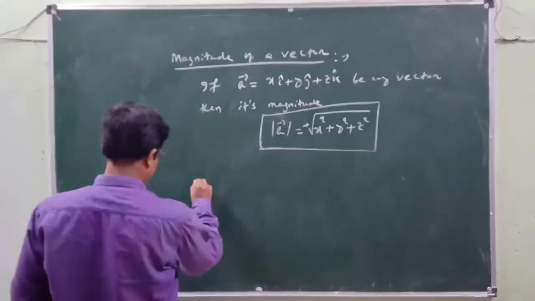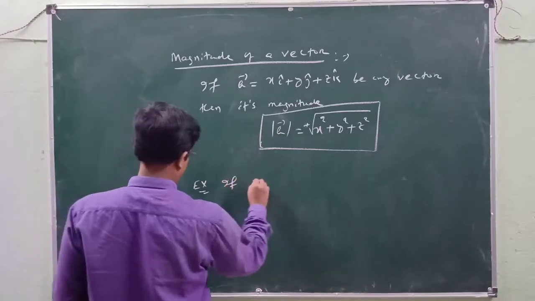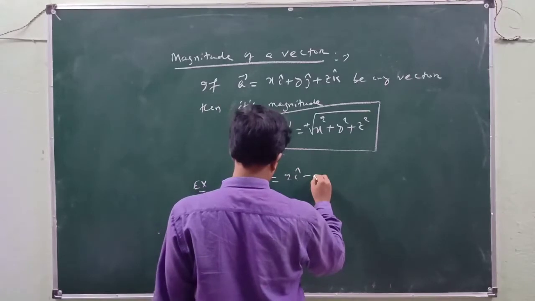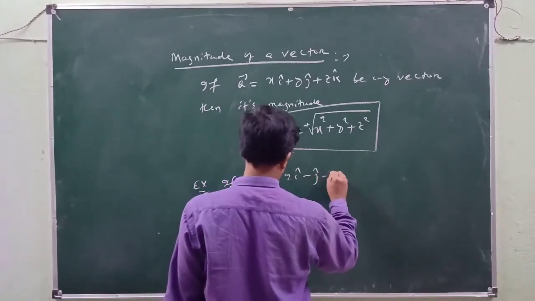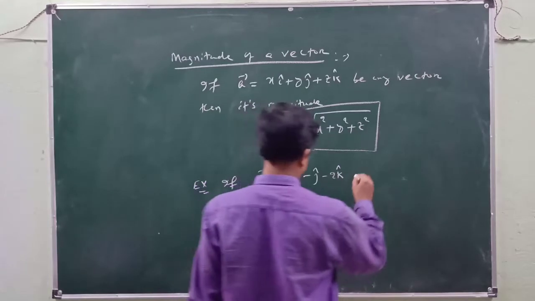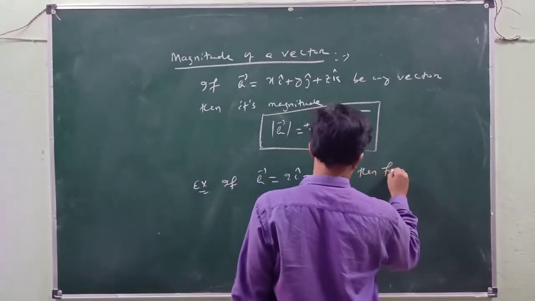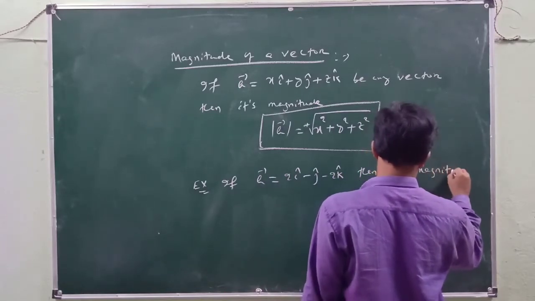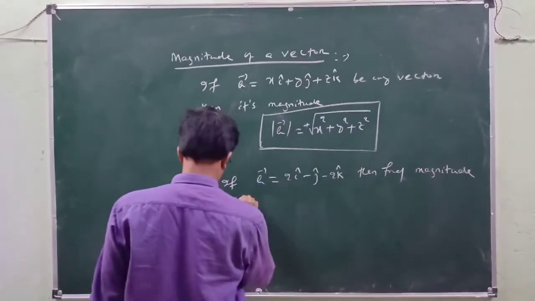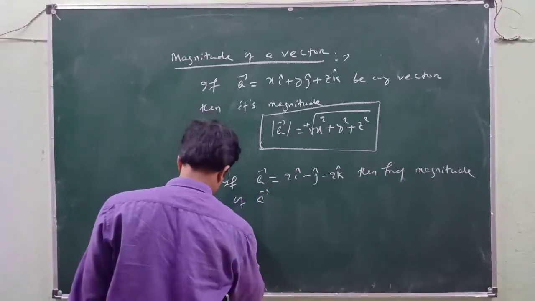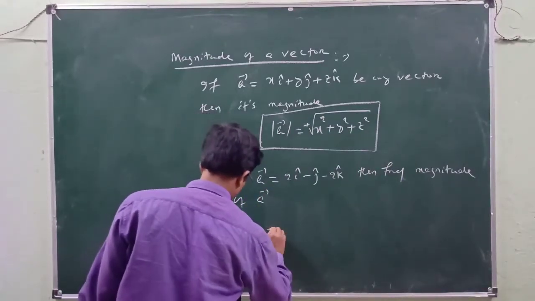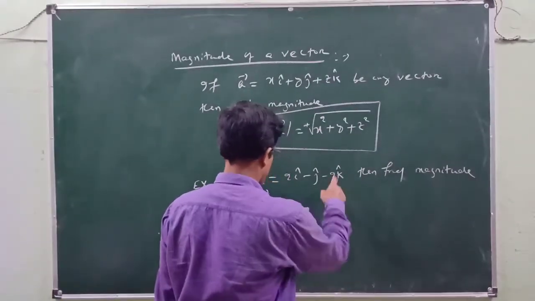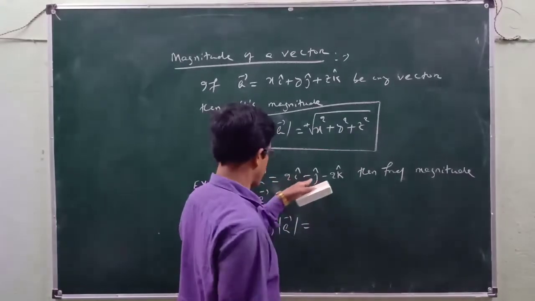For example, if a vector, suppose I write, is 2 I cap minus j cap minus 2 k cap, then find the magnitude of the vector. In your solution, look, the scalar components of the vector are 2, minus 1, minus 2.